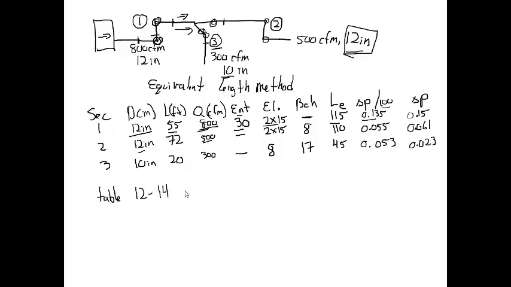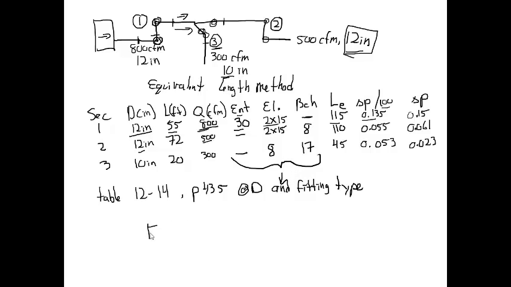So, table 12-14, page 435, you would get the losses at specific diameters and fitting types. So you get the fitting type, you get the diameter, you should get an equivalent length for all these fittings.